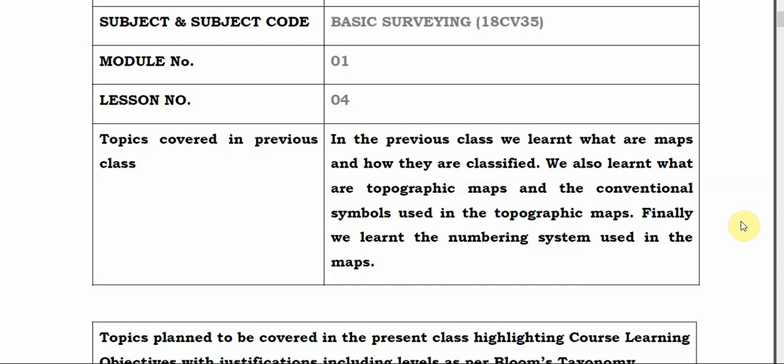We also learned what topographic maps are, and what the conventional symbols used in topographic maps are. Finally, we learned what the numbering system used in the maps by Survey of India is.